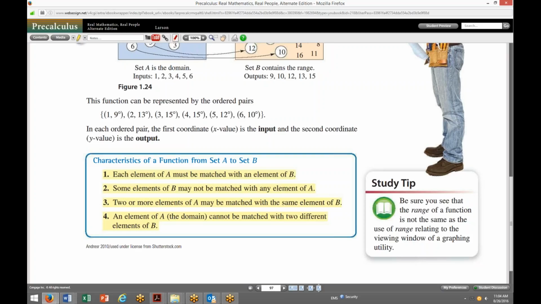Point 3, two or more elements of A may be matched with the same element of B. So it is okay if you have two different x values, they can have the same y value. Think about a constant function like y equals 3. That's an infinitely long horizontal line. It's got a slope of 0.